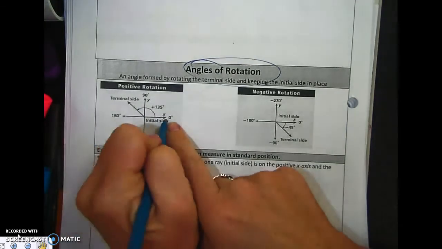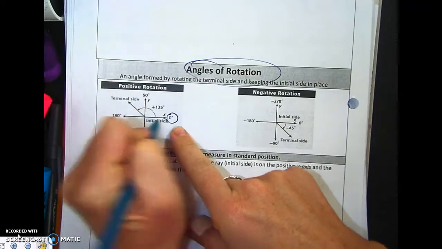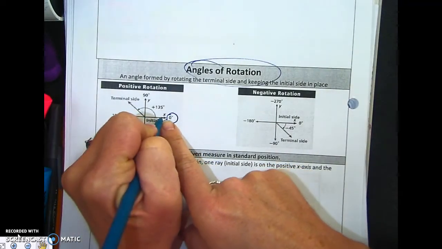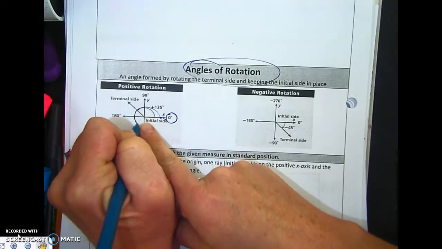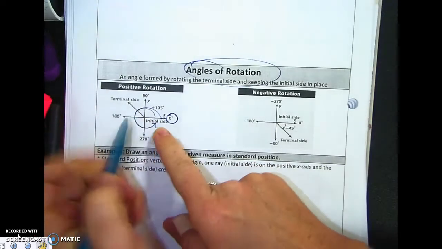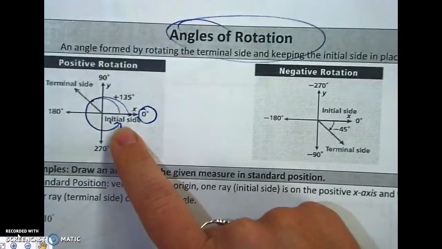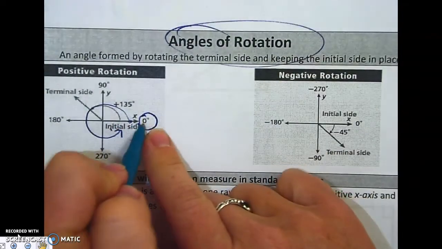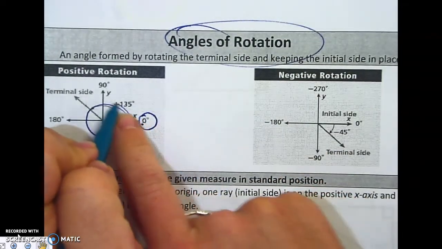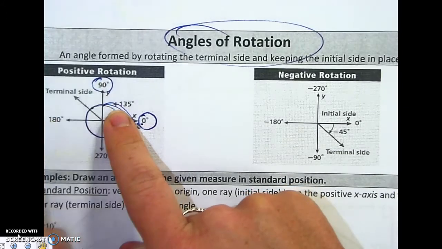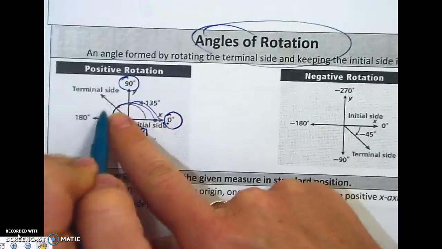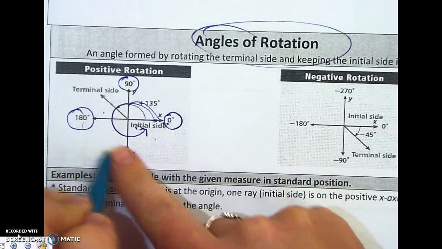So when you start, if you look, you start at 0 degrees. You're always going to start here, and you're going to rotate this way to make a circle, okay? This is called the initial side. Let me zoom that in because that's where you're starting. So if you see you have 0 degrees, and then when you get to here, you're at 90. And then when you keep going, you get to 180. And then you keep going, you get to 270.